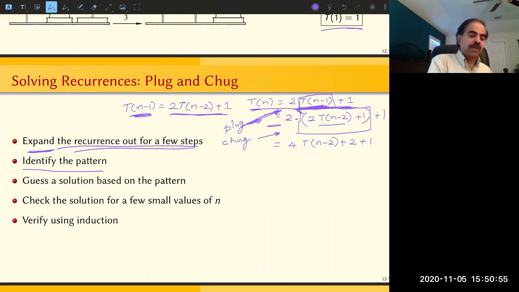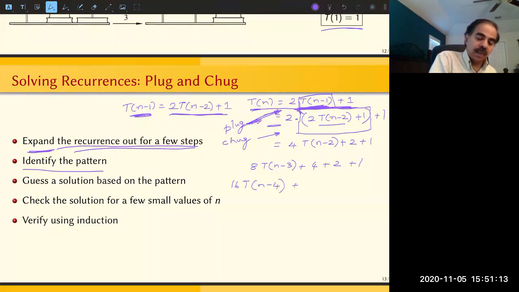If you keep expanding, at the next step you get 8 T of n minus 3 plus 4 plus 2 plus 1. And if you do one more step, 16 T of n minus 4 plus 8 plus 4 plus 2 plus 1. So what will be the last step?